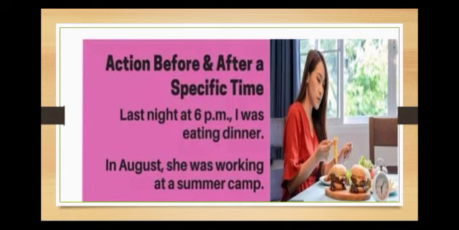Last night at 6 p.m., what was I doing? I was eating dinner. In August, again a specific time in the past. In August, what was she doing? In August, she was working at a summer camp. I hope this is clear.